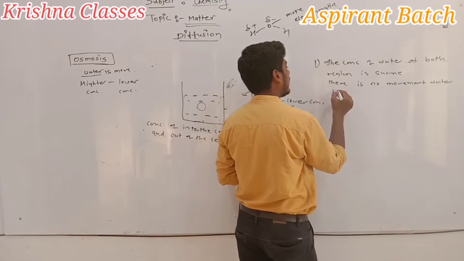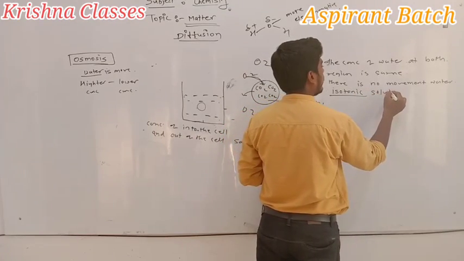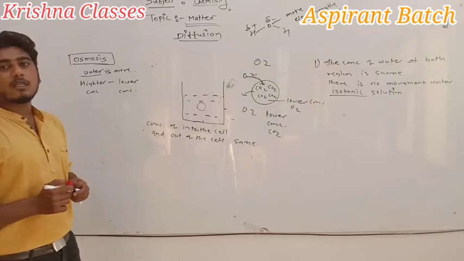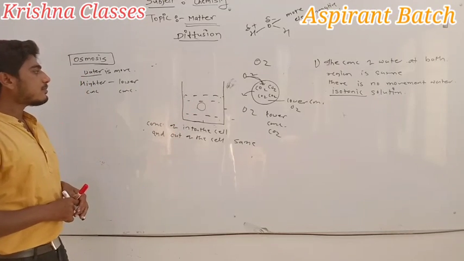This solution is called an isotonic solution due to lack of movement of water, because the concentration of water at both regions, into the cell and out of the cell, is the same.